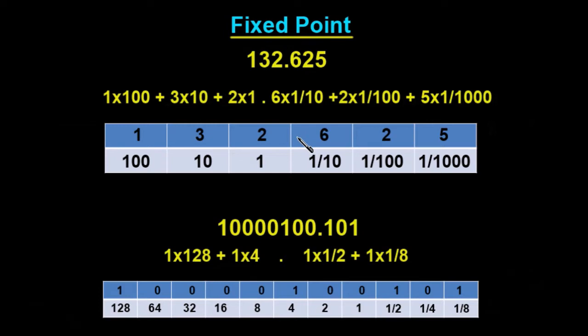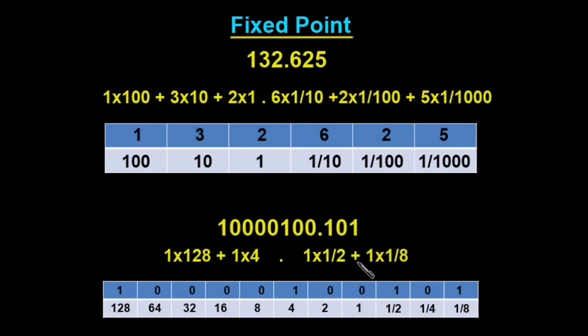Now we could do the same thing with binary. We could represent this number 132.625 in binary. Now this is the actual binary representation of that number here, and you can see it's got the point. So in the binary representation, I've redone this table here, but we've got the actual binary values.